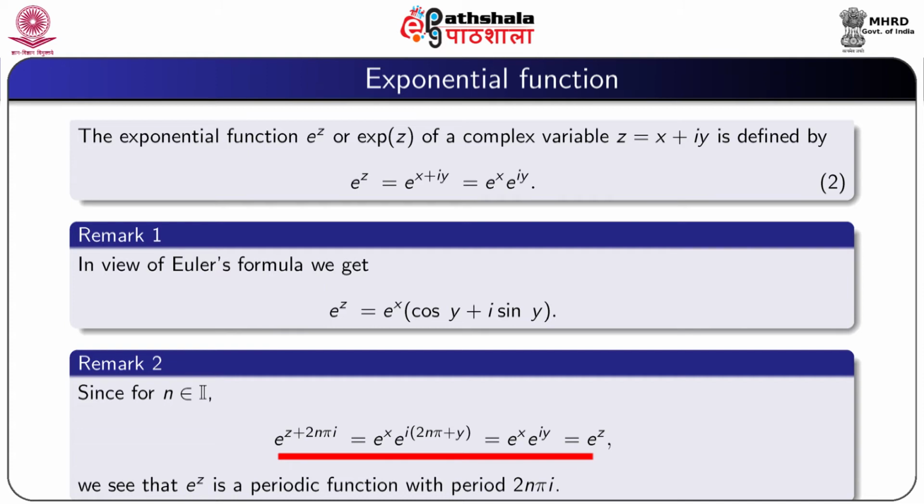And since e to the power 2n pi i is 1, from this we get e to the power z plus 2n pi i is equal to e to the power x into e to the power iy, which is equal to e to the power x plus iy, and which gives e to the power z. So from this we see that e to the power z is a periodic function with period 2n pi i.